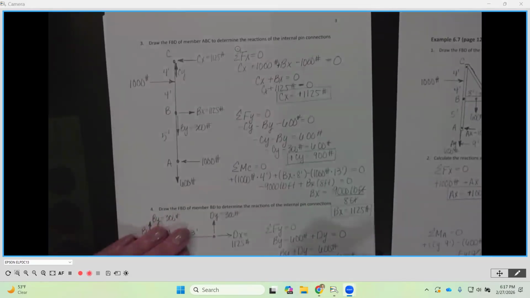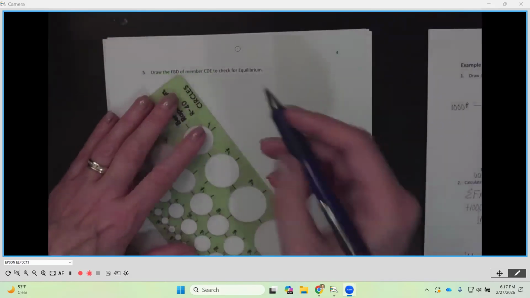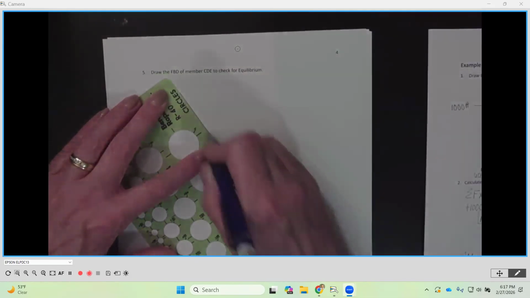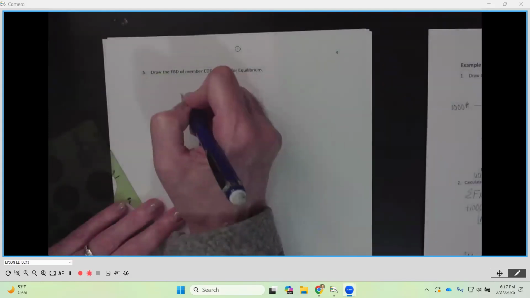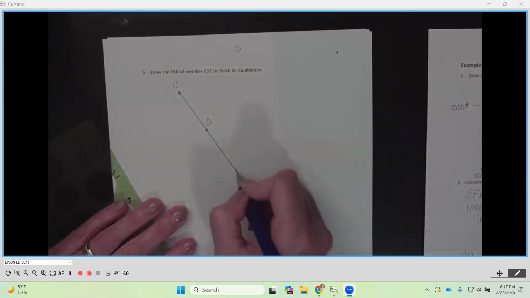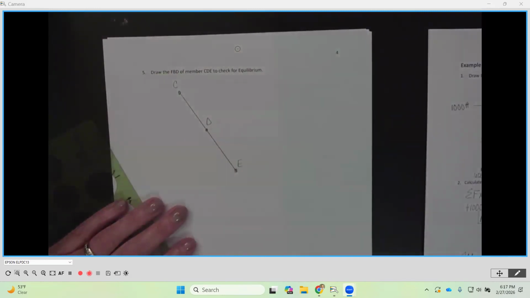So that's going to be the next step, number 5. Because this is the only member that we're interested in, I'm just going to draw a line for this member. I'm going to identify my C up here, my D here, and then E is down here.